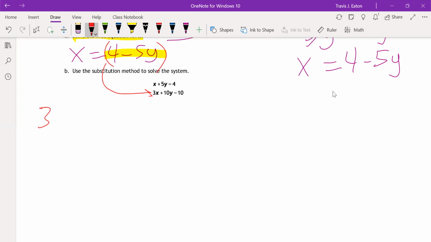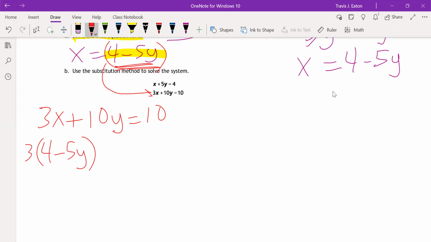3 times x plus 10y equals 10. Remember what x is. X is 4 minus 5y. So this will become 3 times 4 minus 5y, just substituting, plus 10y equals 10.